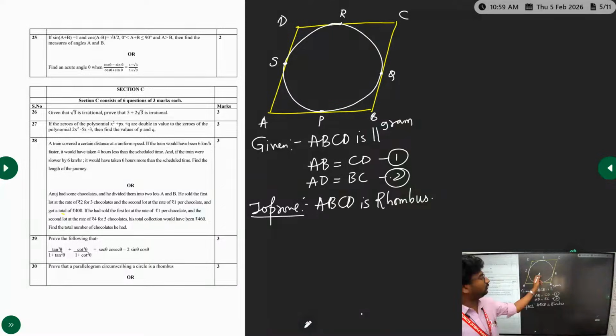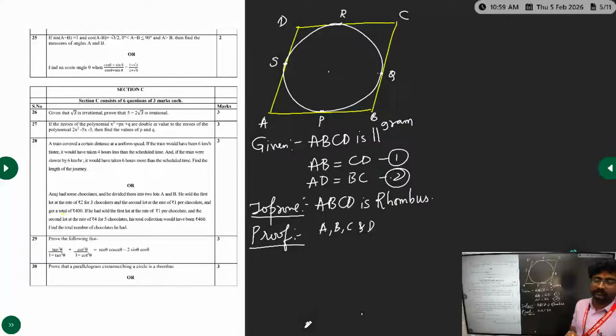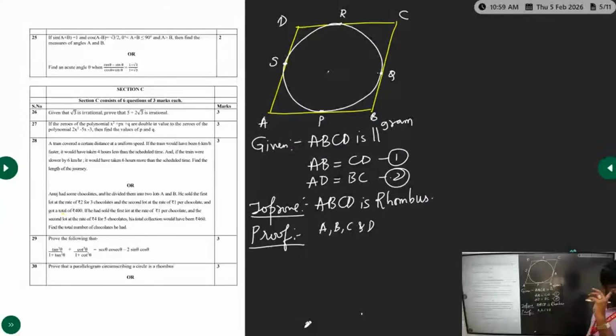If I join the perpendicular, which theorem will come? And Q is called the point of contact. Understood? Now, coming to the proof: A, B, C and D are the external points, by theorem 10.2.